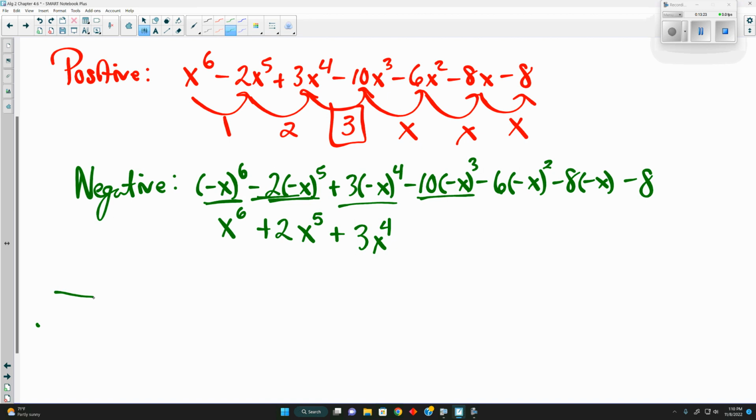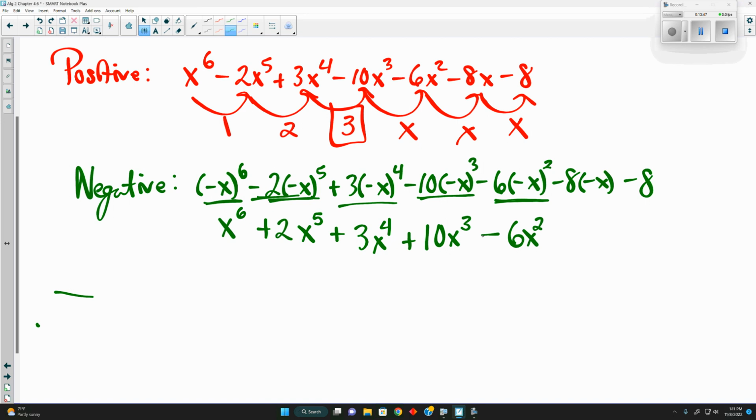Now the next one, is the power even or odd? Power is 3, so that's an odd number, so the sign will change. The next one, is it even or odd? Even, squared is even, yes? So the sign will stay the same. For all the ones that have an even power, the sign stays the same.